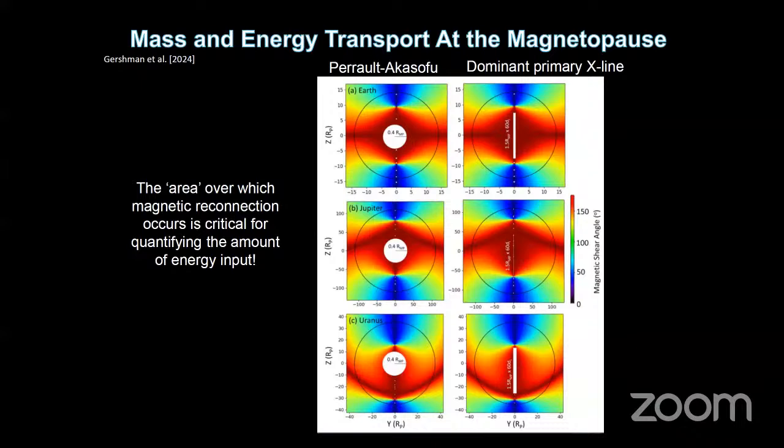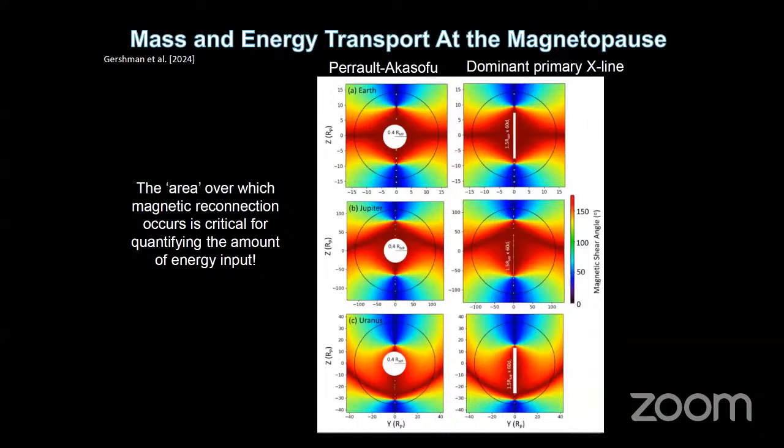But then if you alternatively think about the coupling between the solar wind and magnetosphere in terms of a dominant primary X line, kind of like how the maximum magnetic shear model might predict, you can take the equivalent area of that X line and map it, and you get something similar to what Perreault-Akasofu predicted in the top panel.